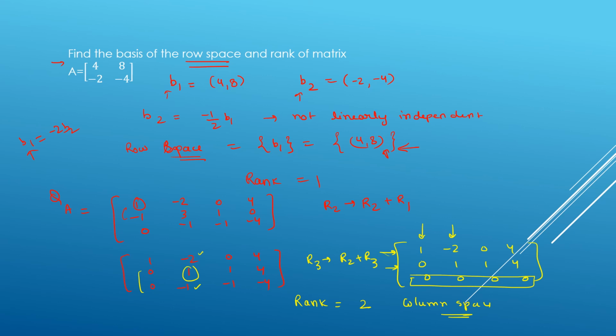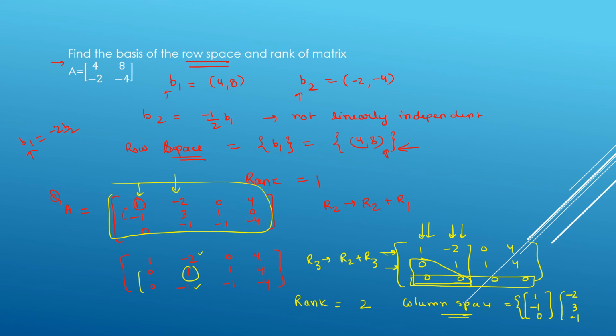These are forming the upper triangular matrix, at least, right? So the first and second columns from the main matrix will form the column space. That means 1 minus 1 0, minus 2 3 minus 1. These two column vectors will form the column space.